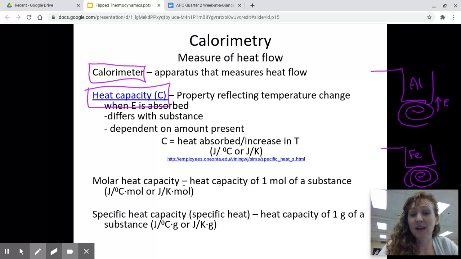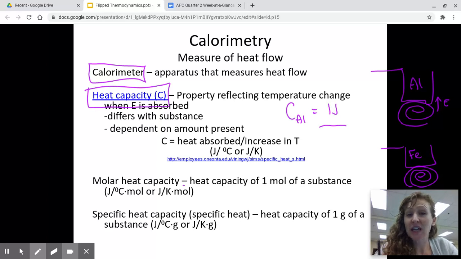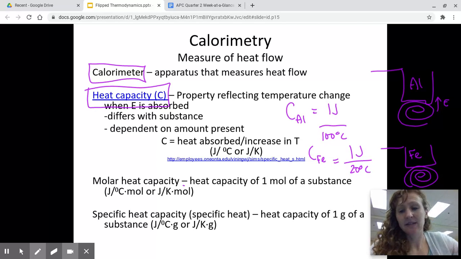Okay, for the same amount of energy, let's say the aluminum has absorbed 1 joule of energy, but it has changed 100 degrees Celsius. If we compare that to iron, when iron has absorbed that same 1 joule of energy, it will have increased maybe 20 degrees Celsius.